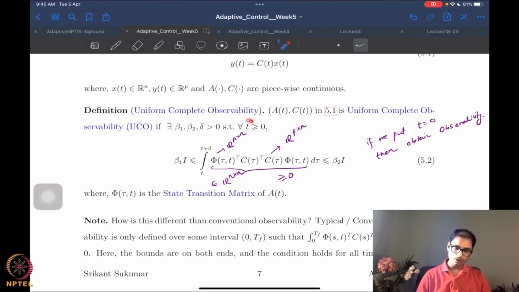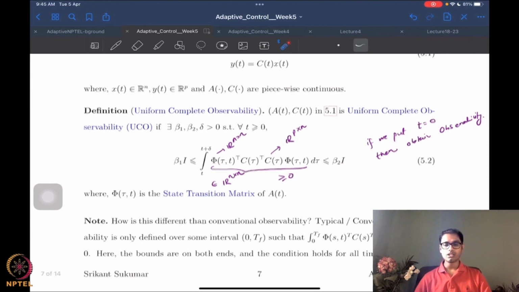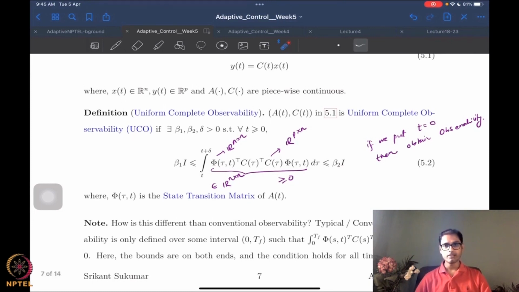Because it is valid for all t, for all t until infinity, right? And why is it uniform? Because these bounds are independent of t. So this uniform complete observability is a notion which is stronger than observability itself. And this is the notion that will help us prove stability of parameter identification systems.